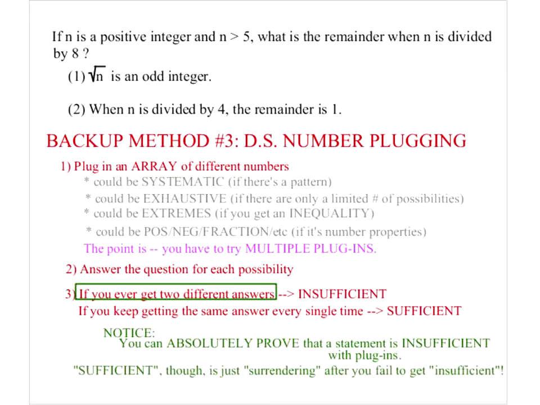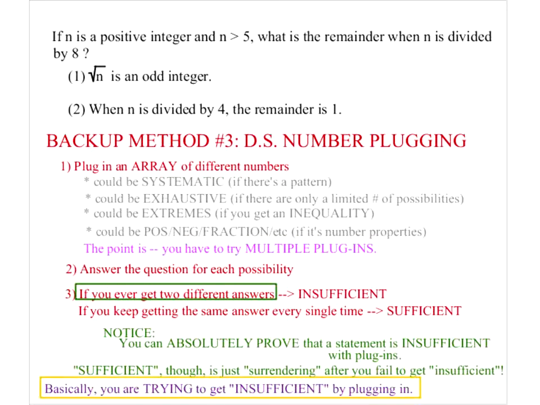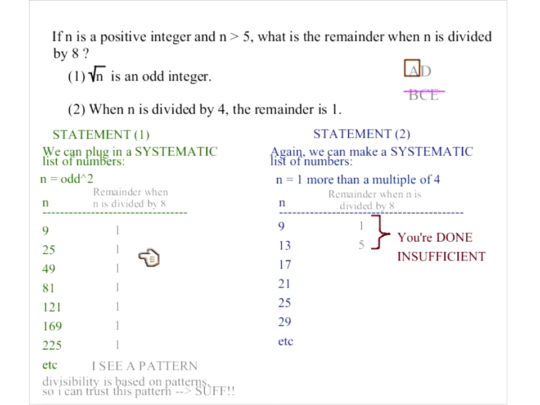So therefore, what you are trying to do is get insufficient by plugging in. In other words, your efforts are directed towards trying to find two different values. Because if you do, then you are done. If you fail to get insufficient, then you just capitulate. Like here, we tried all these different numbers and we could not get insufficient. We kept getting 1, 1, 1, 1, 1, 1, 1, and we could not get a second value. So we're going to say, okay, fine, it's sufficient.